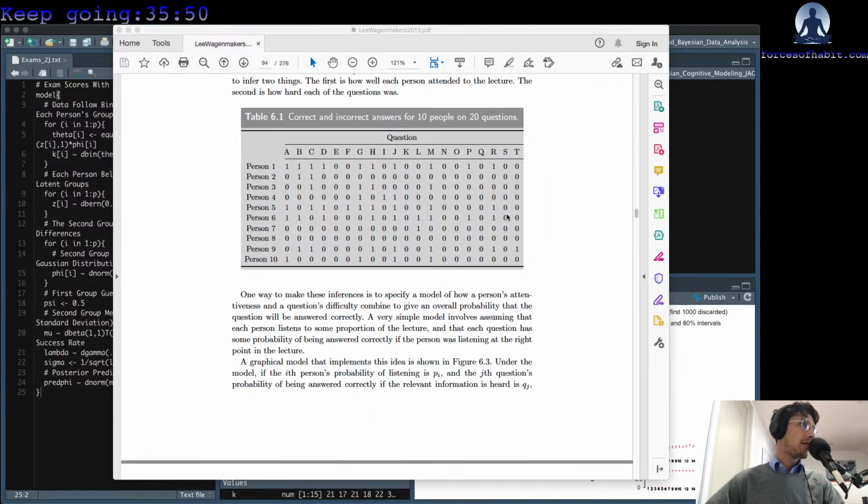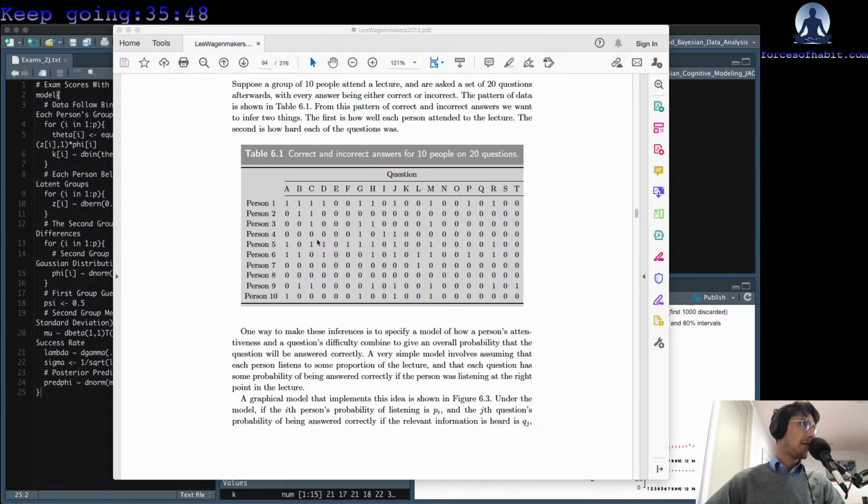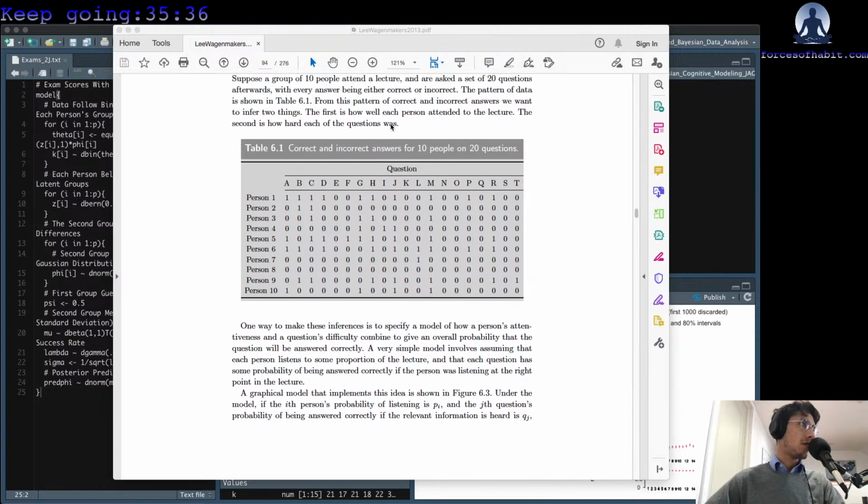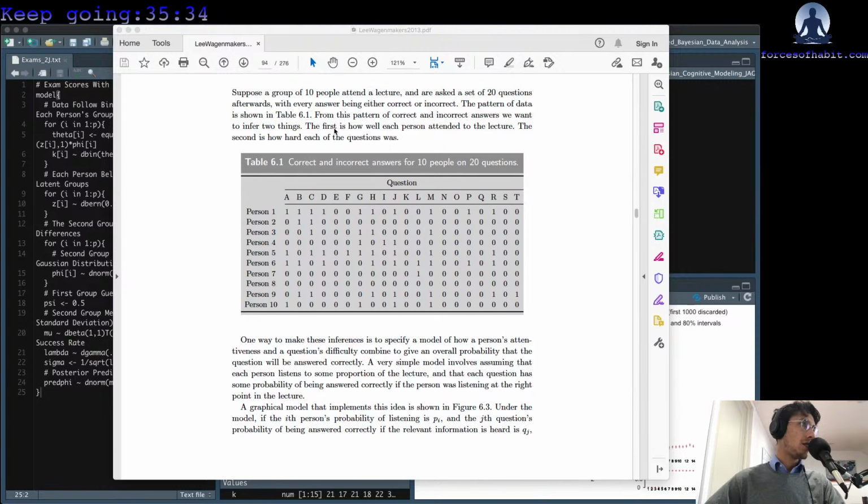Binary, so this is whether they got the answer correct or not, for a person, and then this is a given question, and this is one lecture. So we want to know two things. First, how well each person attended to the lecture, and that is reflected by the number of questions they got right.